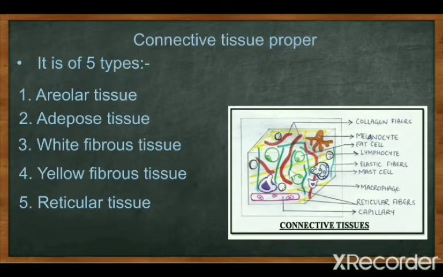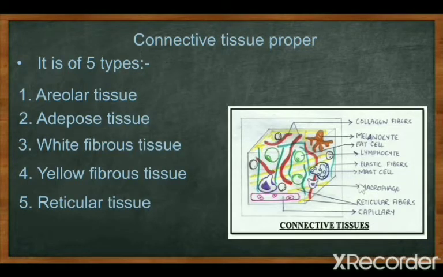Some fibroblast cells are present in that, that is, elastic fibers or fibroblast cells, which secrete fibers and make the tissue elastic. Inside that there are many mast cells. Mast cells help to secrete the matrix, which is the liquid present in that.